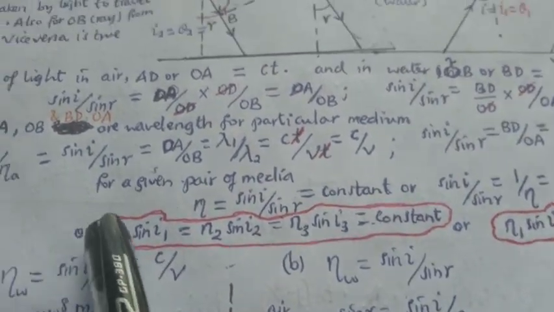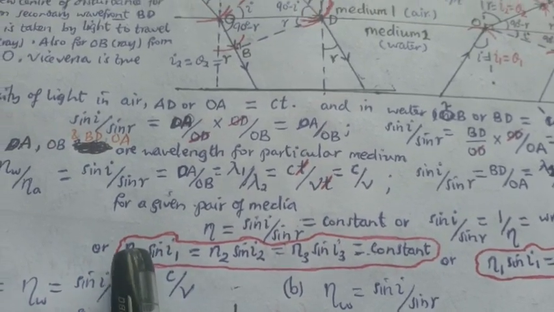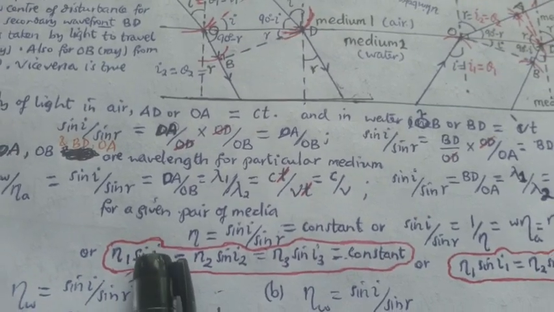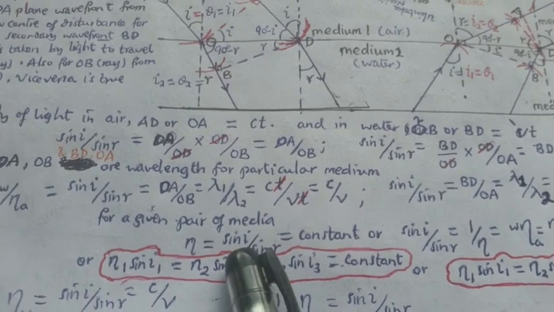Okay, now for the full general formula, we have the same general formula: refractive index for medium 1 times sine of incidence for medium 1 is equal to refractive index for medium 2 times sine of incidence for medium 2.